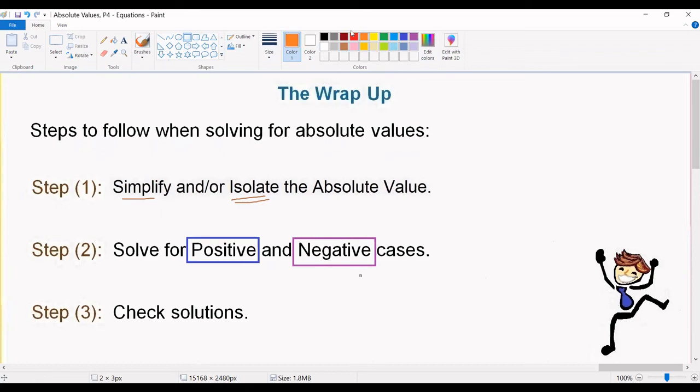In our third and final step, we want to check our solutions to determine if they are true or false. We do this by substituting our values back into the original equation. And huzzah, we're done.